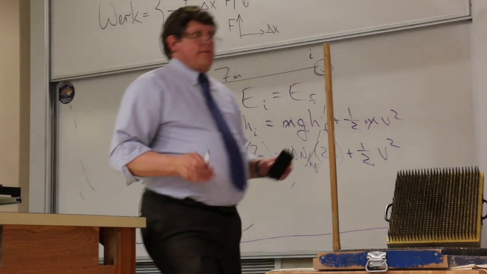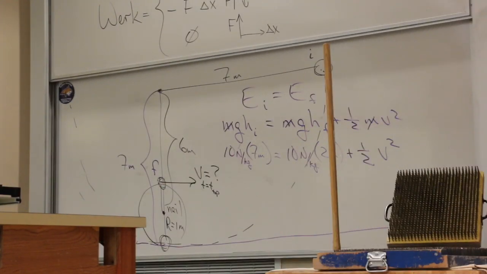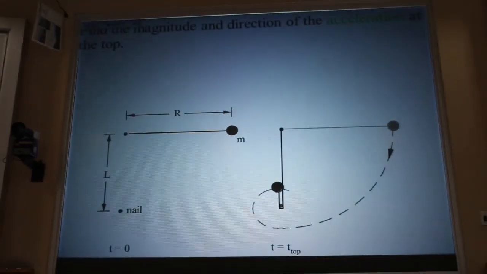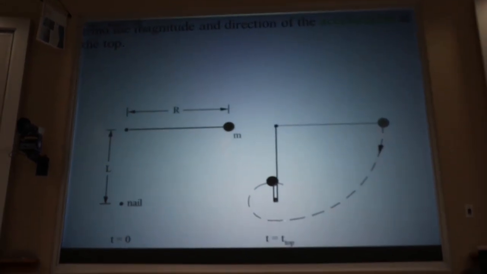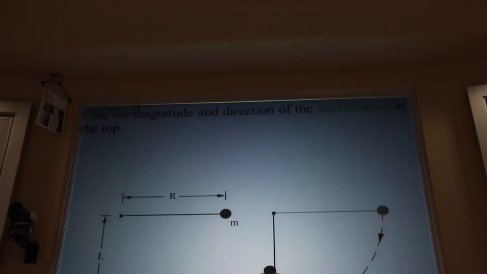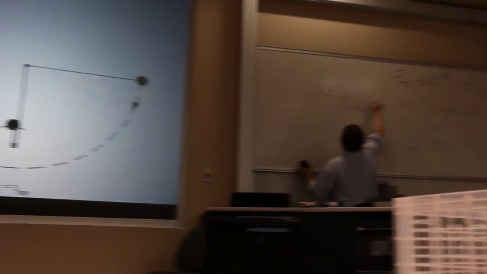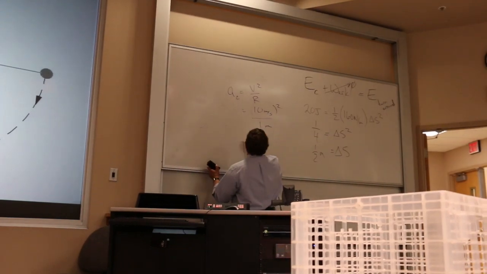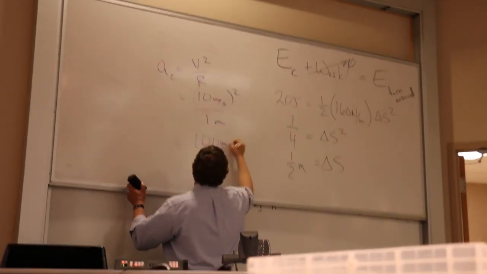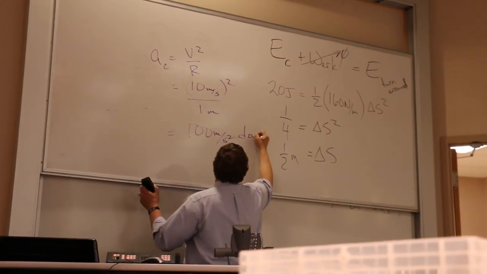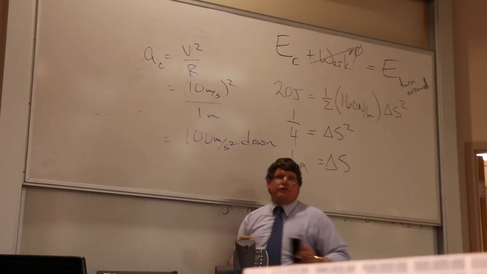Now the rest of the problem, we have 2.5 minutes left. We're asked to find the magnitude and direction of the acceleration. Well, the acceleration is centripetal acceleration. That's v squared over r, or 10 meters per second squared over 1 meter, or 100 meters per second squared down towards the nail, towards the center of the circle.